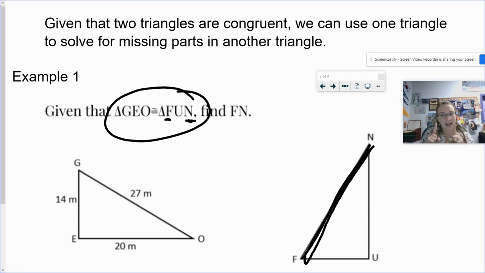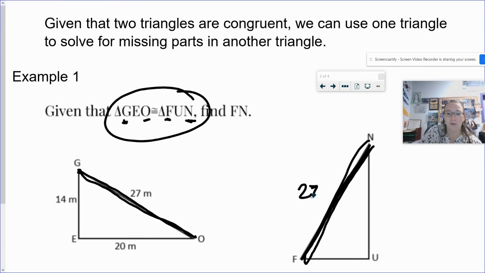What I need to look at in my other triangle then to determine what FN is, those same letters in the same position. So G and O are in the same positions as F and N. So what that means is I need to look at side GO. So because these 2 sides are congruent, GO is congruent to FN. What's FN? 27. Duh, I hope. Or by now, duh, if you weren't sure before.